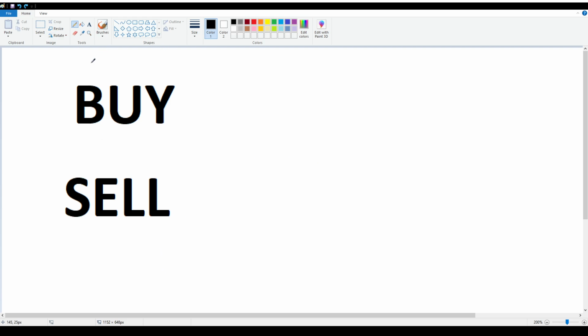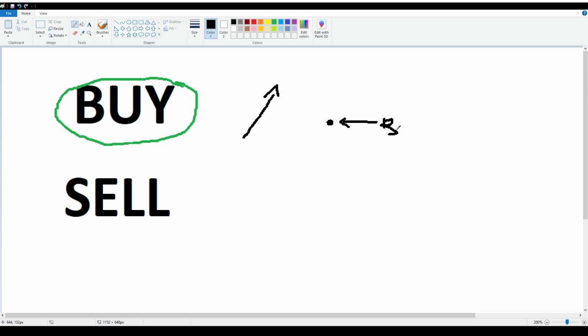This is how it works, guys. When the market is going up, you want to open up a buy trade, and I'll tell you why. Let's say the market is here, and then let's say you open up your buy trade here. If this market continues to go up, you're going to start making a profit.